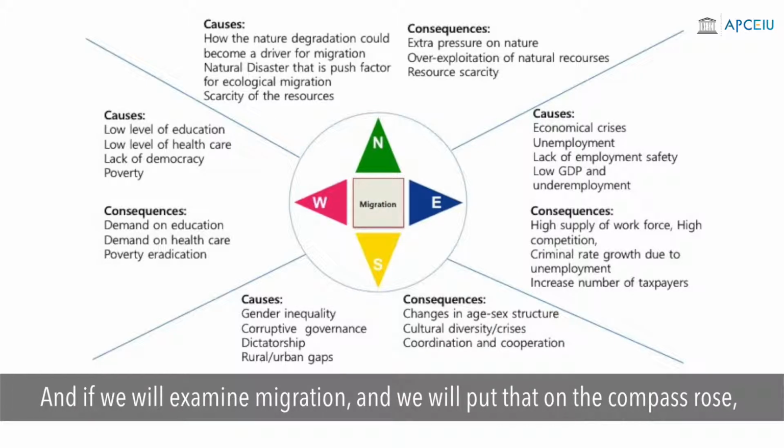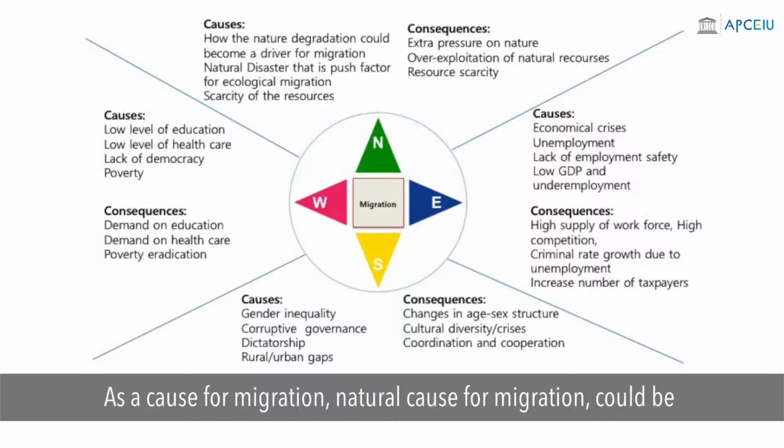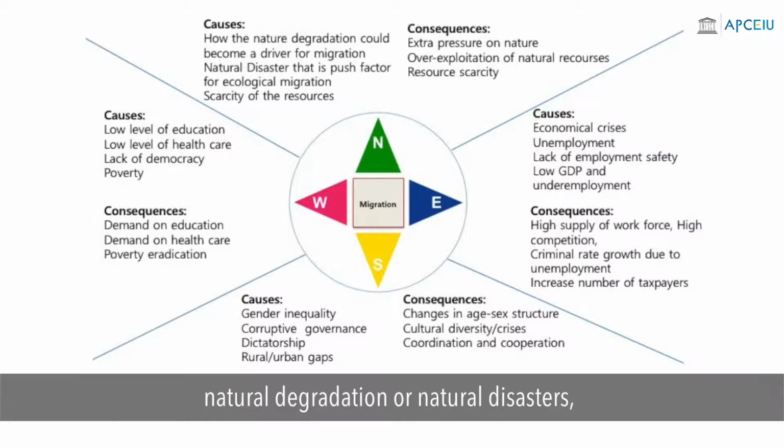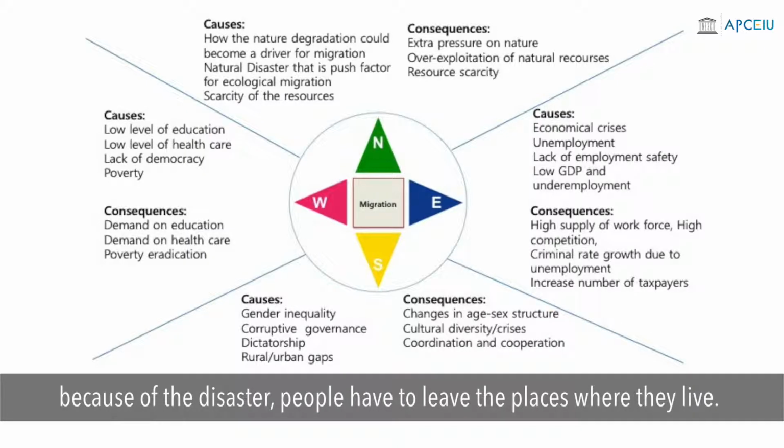If we examine migration and put it on the compass rose, we will find different aspects of migration. As a natural cause for migration, there could be nature degradation or natural disasters which are driving migration, and because of degradation of nature, because of disasters, people have to leave those places where they live.